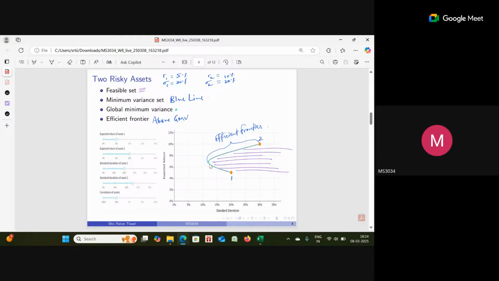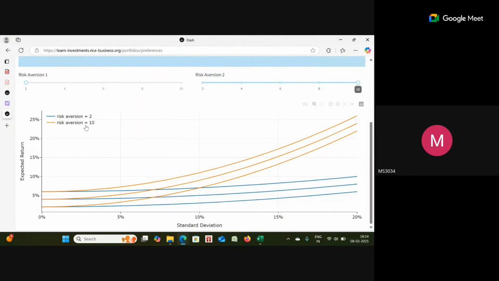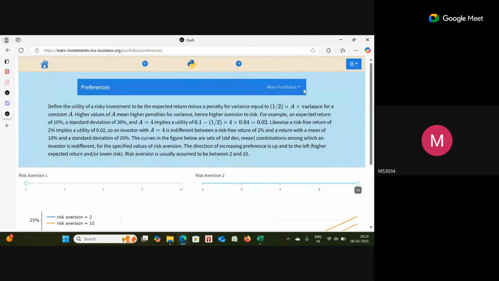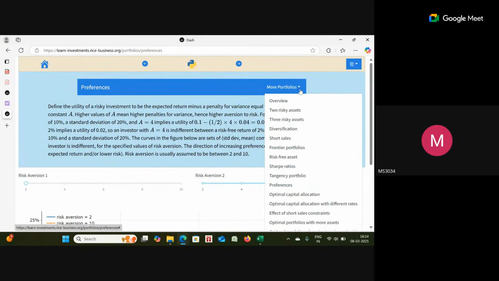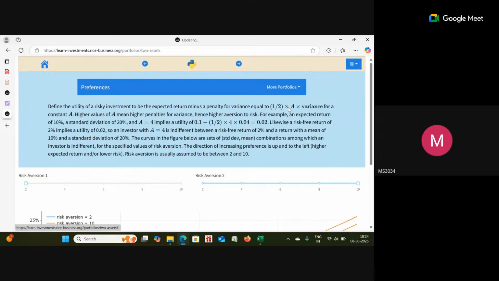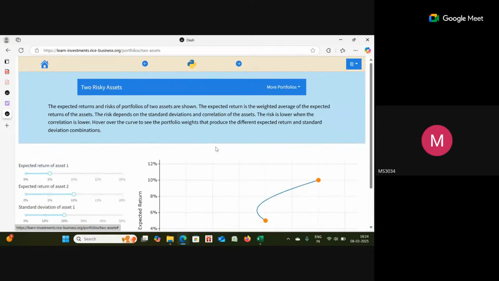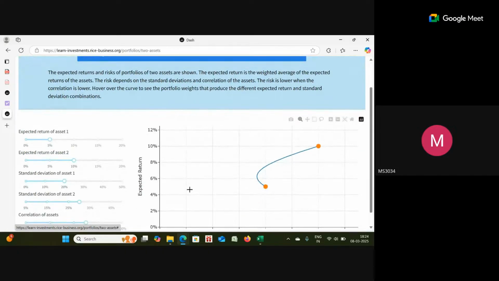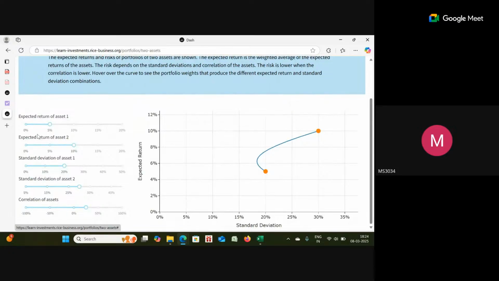Okay, now let's go to the Rice Business School platform and visualize that by changing different variables. We are looking at the two risky assets case. We had the 5% and 10% expected returns, standard deviations, and correlations.